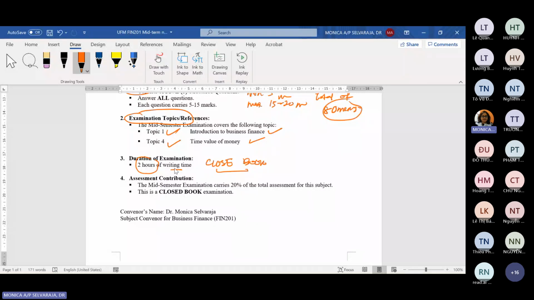Okay, so this marks 20% to your total assessment. So we give you 20%. If you get 100 marks in this exam, you get 20% to your total assessment.